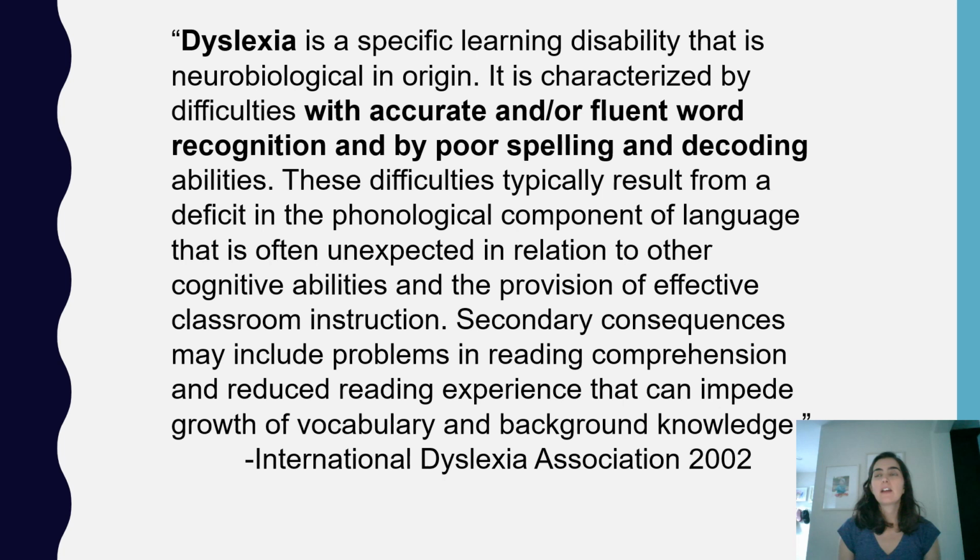Or they're reading fast enough, but then we find out that their comprehension is the problem, because it took them so much effort to keep their head above water and read at that rate. So there are all sorts of ways that it manifests itself, but mostly we're going to see clues in their spelling and in their decoding.